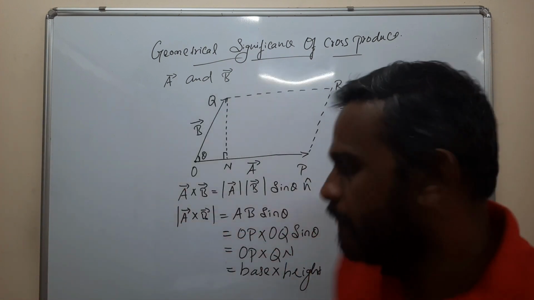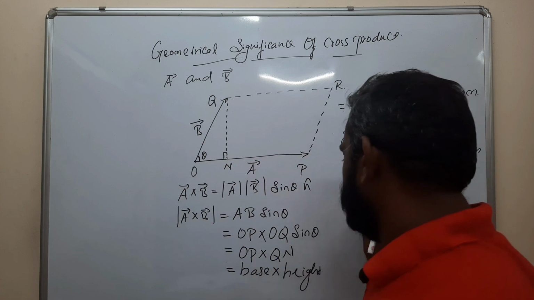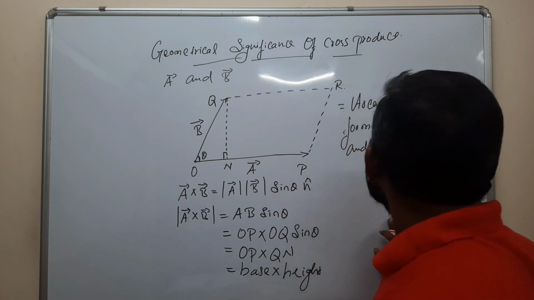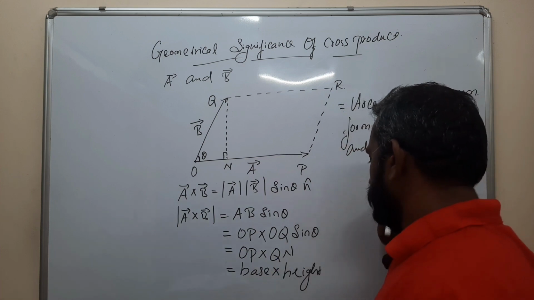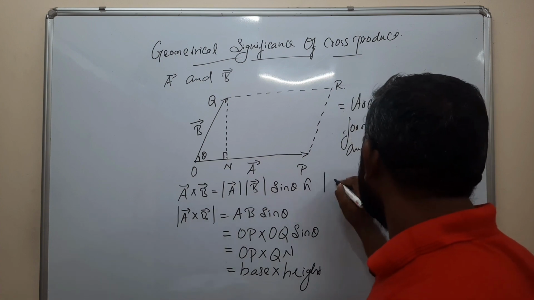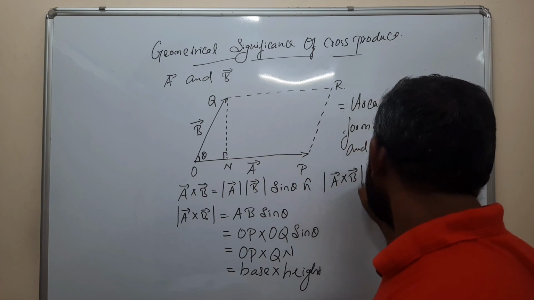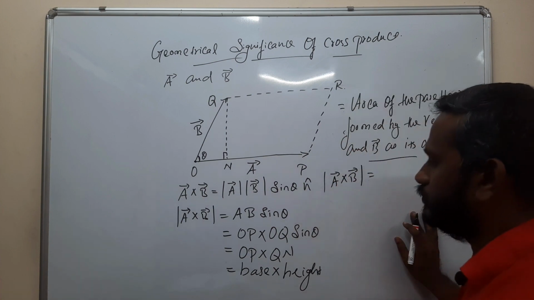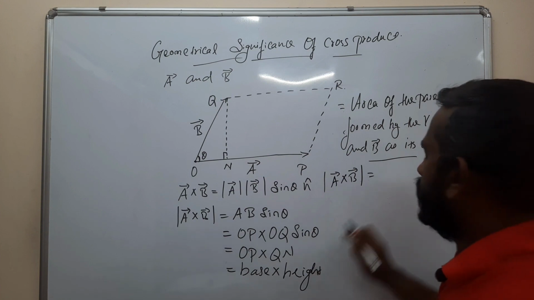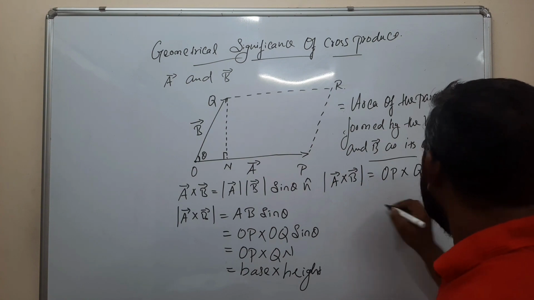So again, the modulus of A vector cross B vector is equal to, we can write, OP into Qn.